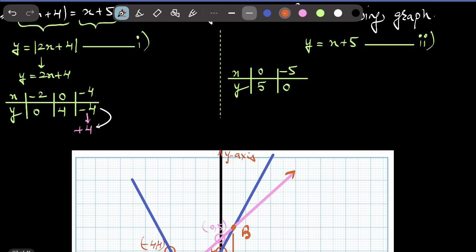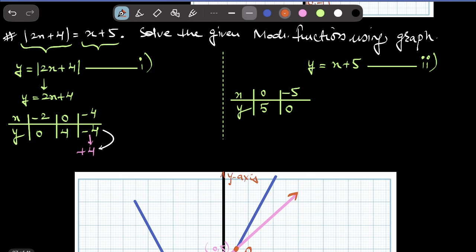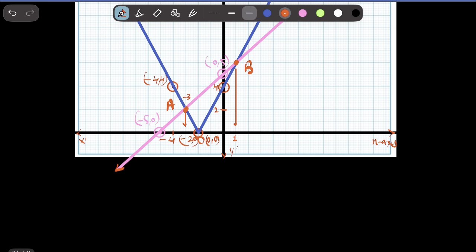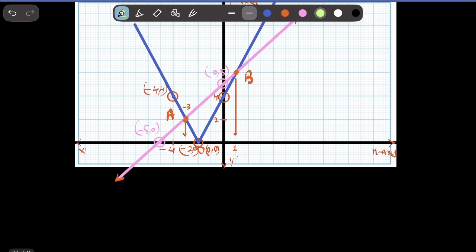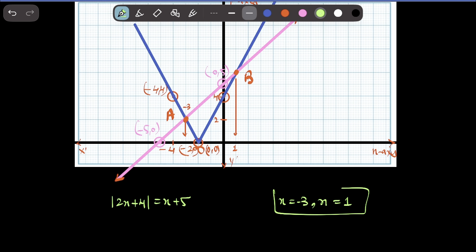So let's quickly check them whether they are actually satisfying the given equation or not. So I will write mod of 2x plus 4 is equals to x plus 5, and our possible solutions are x is equals to -3 and 1. So I will quickly check whether these two values actually satisfy this or not.